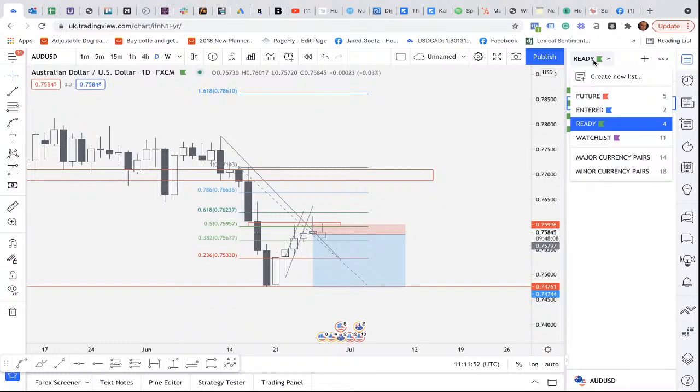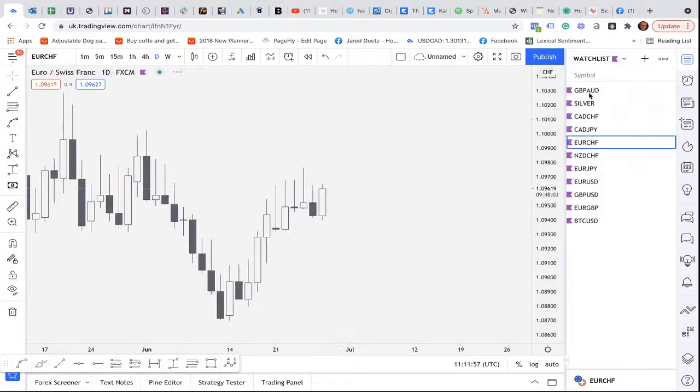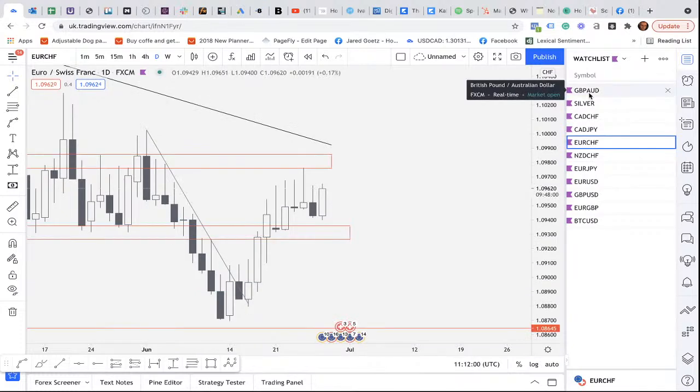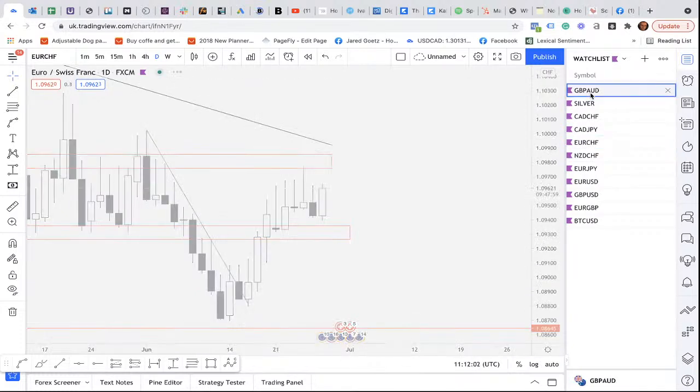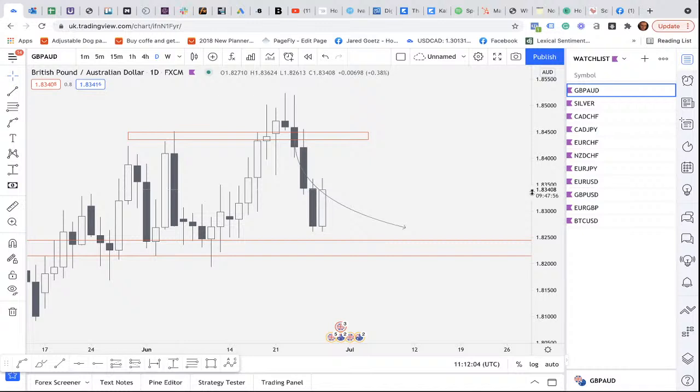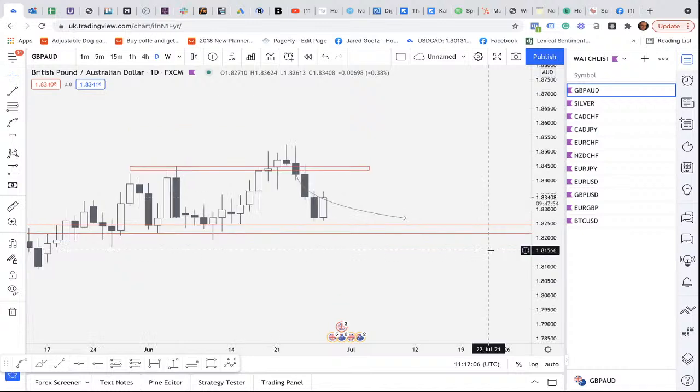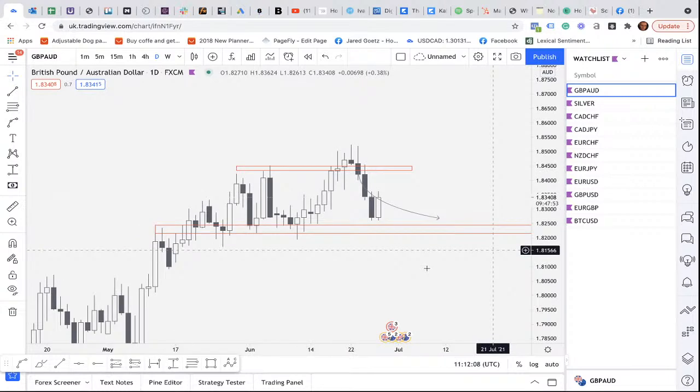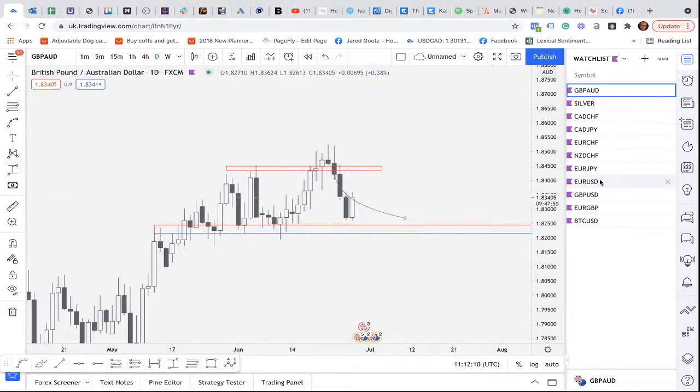So we're going to quickly blast through the watch list. So we have GBP Aussie, which isn't really doing much anymore, to be honest, so I'm not really too interested in that. I'm going to take that off the watch list.